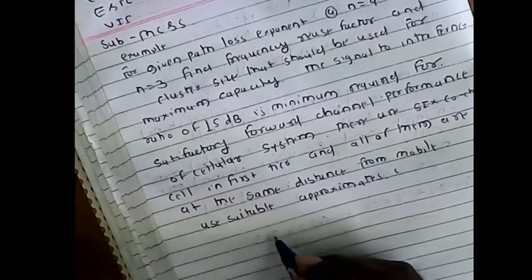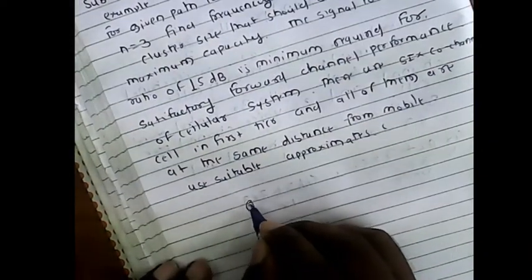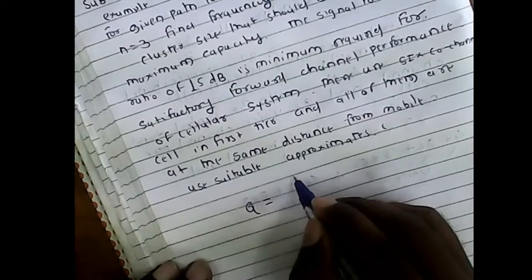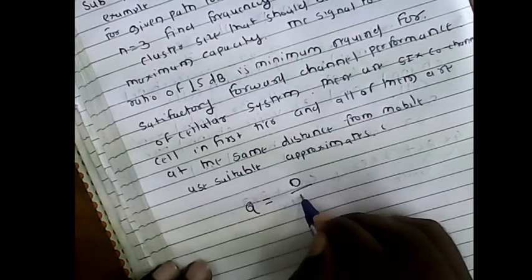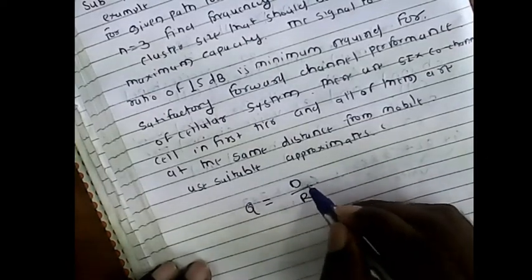The co-channel reuse ratio is given by capital letter Q, that is D divided by R. What is D?